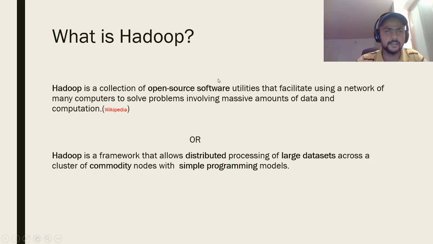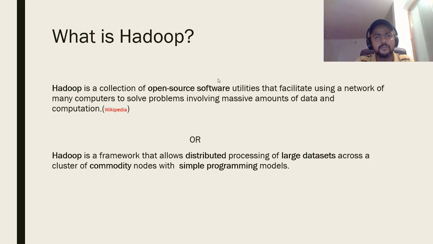So first of all, let me just rewind the definition of Hadoop. We covered this definition in the previous lectures as well, so think of it as just a refresher. As per the definition available on Wikipedia, Hadoop is basically a collection of open source software utilities, basically libraries, that facilitate using a network of many computers to solve problems which require massive amount of data and computation.